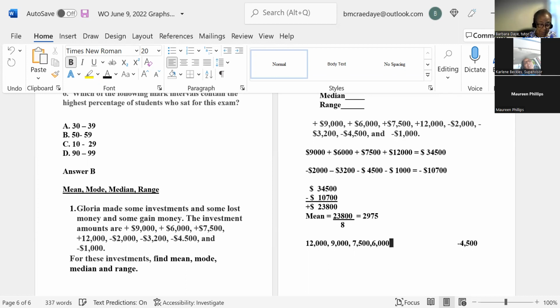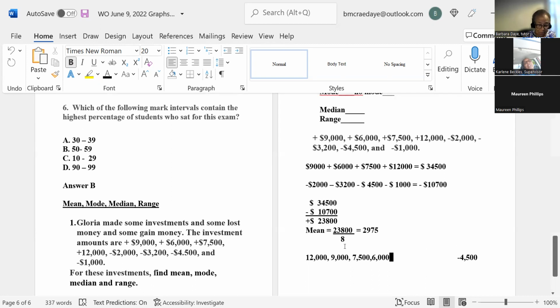Now, I think that takes care of all of your positive numbers, right? So now you're looking at the negative. We've got our smallest one. So what's your biggest negative number? Maureen, 3,200? No. Remember, I just told you the number line.